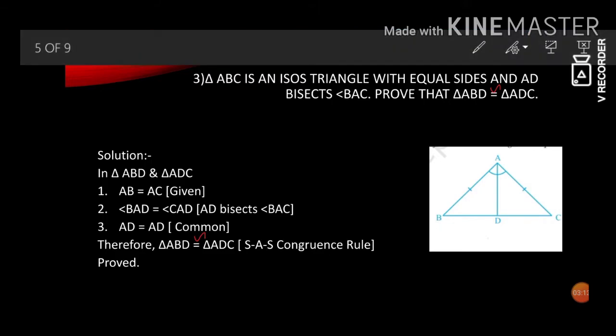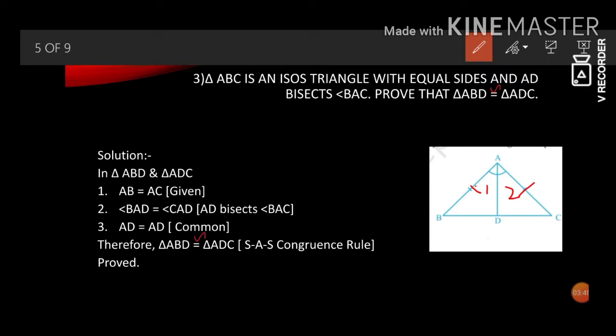Next, question number 3. We have triangle ABC, an isosceles triangle with equal sides AB and AC, and AD bisects angle BAC. Prove that the triangles ABD and ADC are congruent. So ABC is an isosceles triangle with AD as our line which bisects angle A. So angle 1 and angle 2 are equal along with the sides AB and AC.